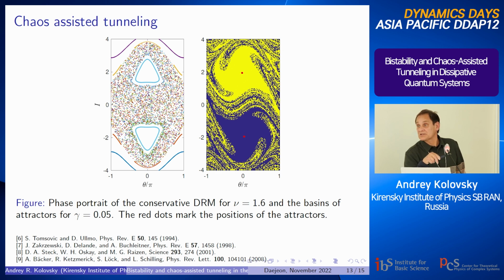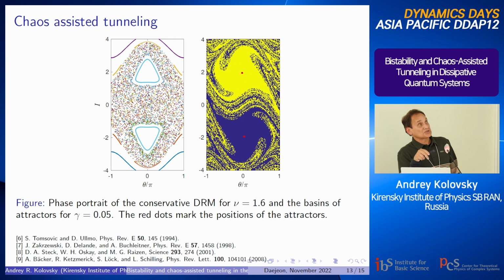And this tunneling is in fact enhanced due to the presence of the chaotic components. There are some authors who studied this problem. This reference refers to Mike Raizen. This is an experimental paper that studies dynamical tunneling in an experiment.